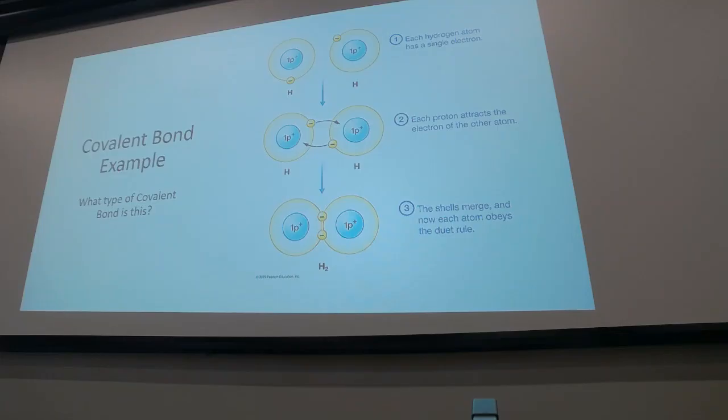And in terms of polarity, in terms of charge, is it polar or non-polar? Non-polar. Why? It's equal sharing. Basically, the electrons spend an equal amount of time between both hydrogens.